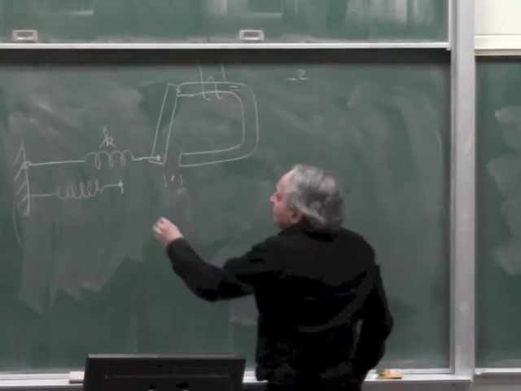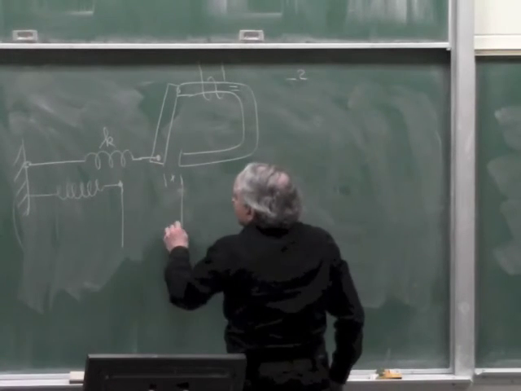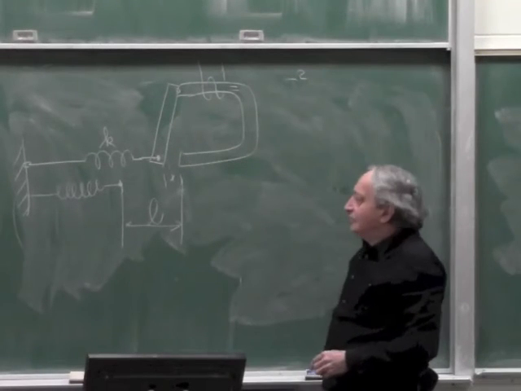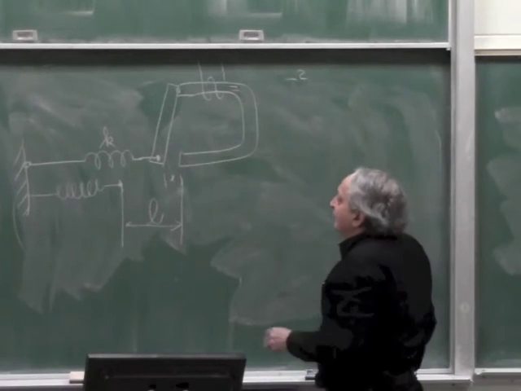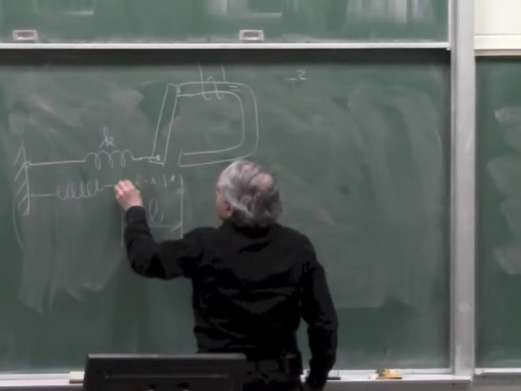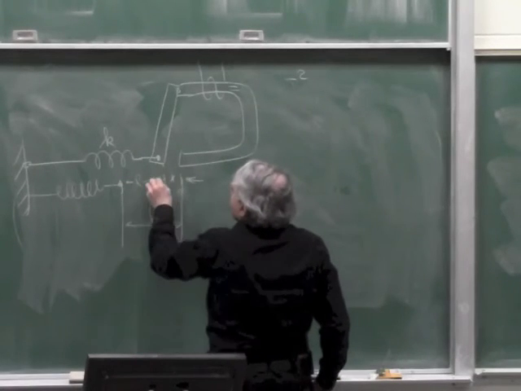Okay? So if this whole distance is L, this distance is L minus x, and this is x.